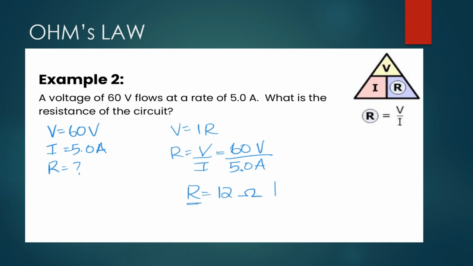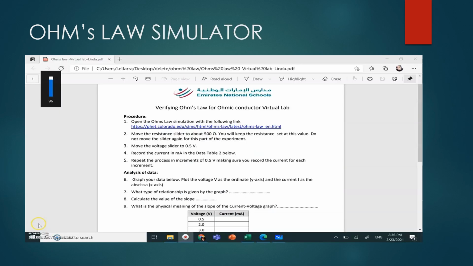So that's 12 ohms. So you can solve for any variable using Ohm's law as long as you know the other two. Here we have the Ohm simulator, and this presenter is going to give us a quick overview of the Ohm simulator and navigate us through the simulator.